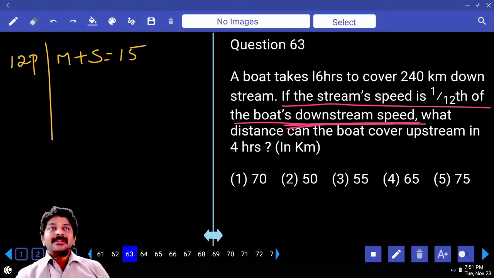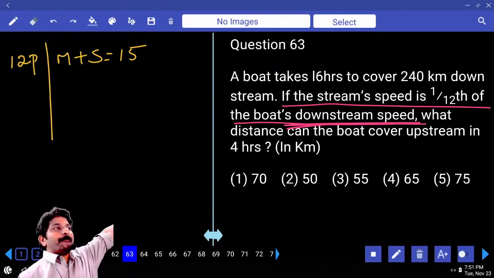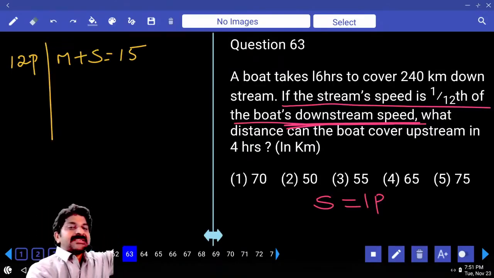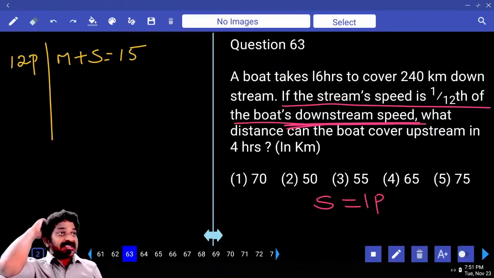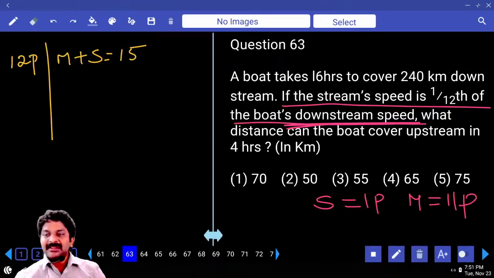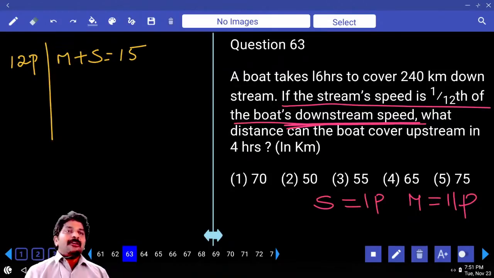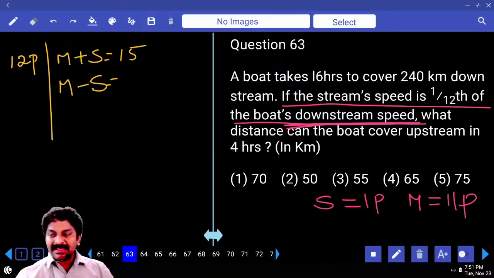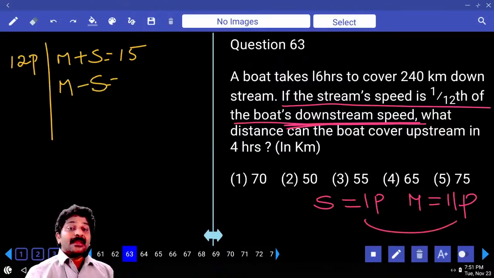So you must take the downstream speed as 12 parts only. So M plus S is equal to 12 parts. Is that clear? Then stream speed, in the sense S only, is equal to 1 part. M plus S is 12 parts, out of which S is equal to 1 part. Then M is equal to 11 parts. What distance can the boat cover upstream in 4 hours? Upstream speed, M minus S. 11 minus 1, 10 parts.